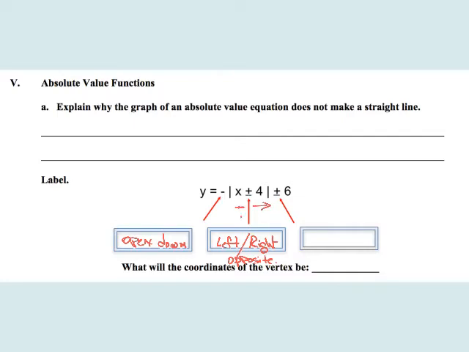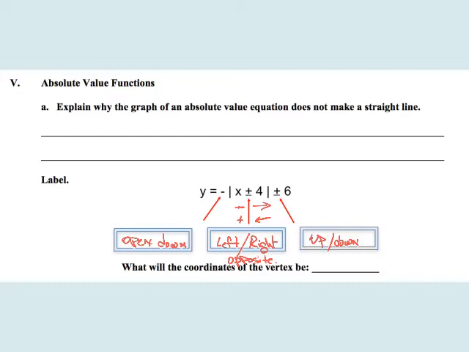And if it's positive, it goes to the left. And then the final one is up or down, and that is just the way it is. It's either positive up or negative down.